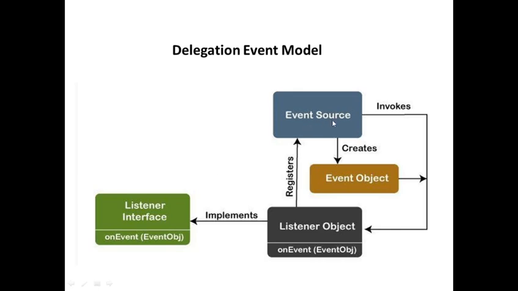Event sources are nothing but what generates events, and the event source is the end user interface or block. So events are generated by the event source like a button, etc. The events that are generated through the event sources will be created in the event object, or stored in the event object.